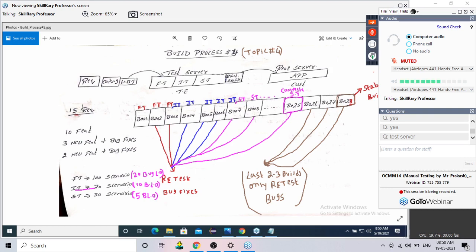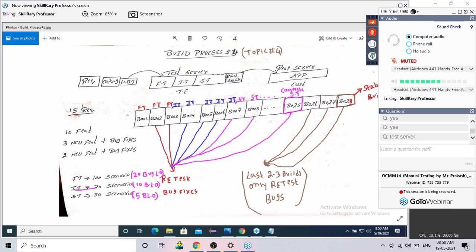Avinash Mishra, ask, one doubt. In retesting, whatever bug was found, the same bug you are checking once again.